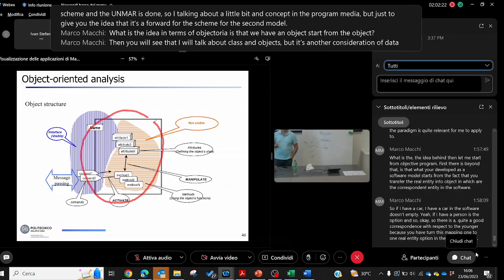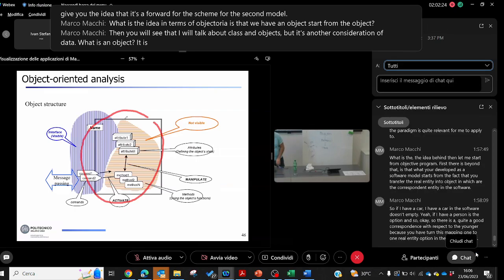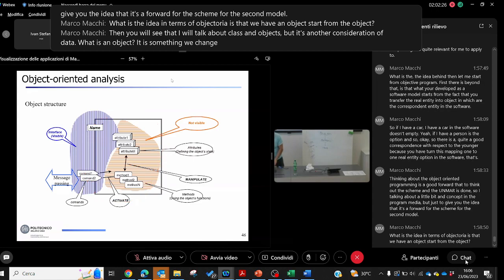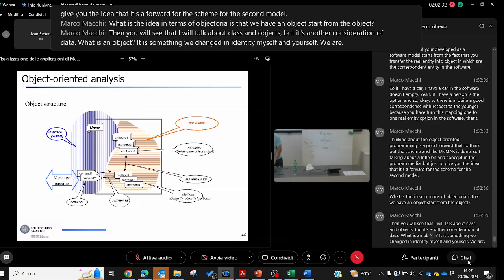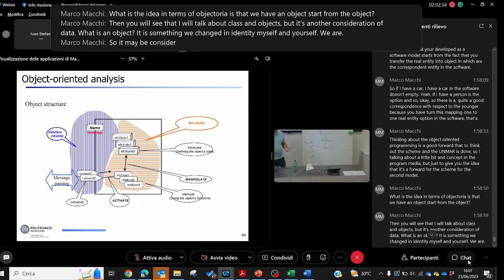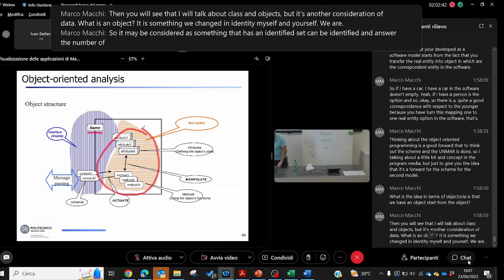What is an object? It is something which has an identity. Myself and yourself, we each have an identity. So it may be considered as something that has an identity by itself, can be identified. And it has a number of elements that are named attributes and methods.